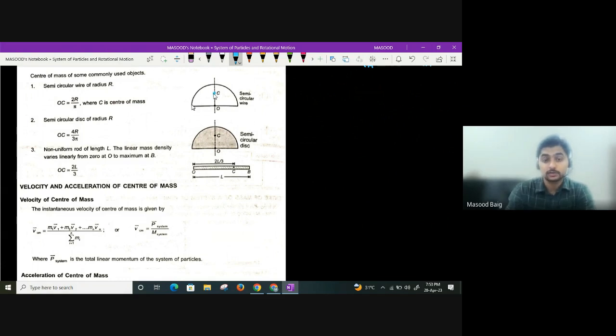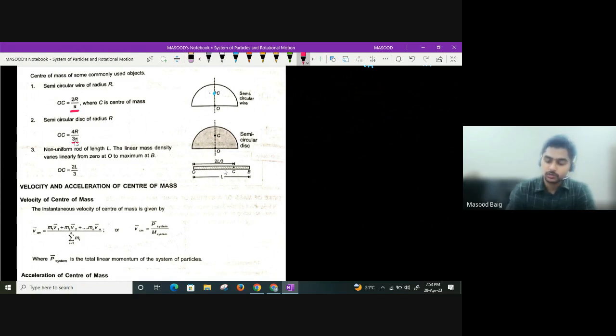No, but center of mass is present. The center of mass can lie at a point where there is no mass also. So for a semicircular wire, it will lie at a distance 2r by pi. For a full disk, it will be exactly at its center. For a semicircular disk, it will be lying at a distance 4r divided by 3 pi.